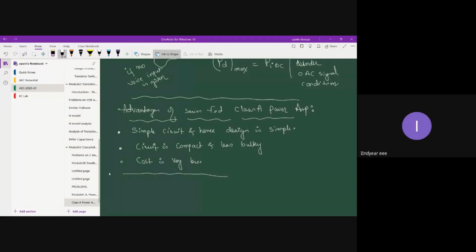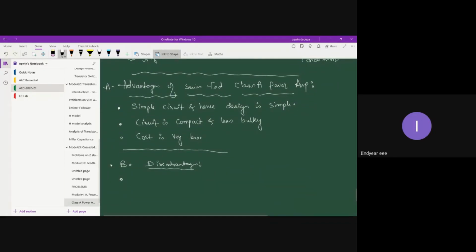Now let us talk about the disadvantages. The first disadvantage is the very poor conversion efficiency. The next disadvantage is high power dissipation.